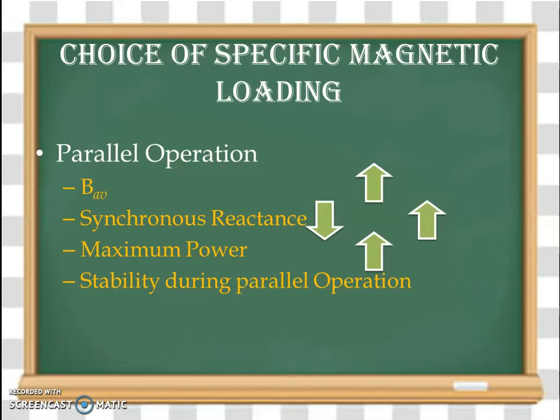At the same time, some of the factors say that higher specific magnetic loading is not recommended. So now it is up to the designer to select an appropriate value of the specific magnetic loading.